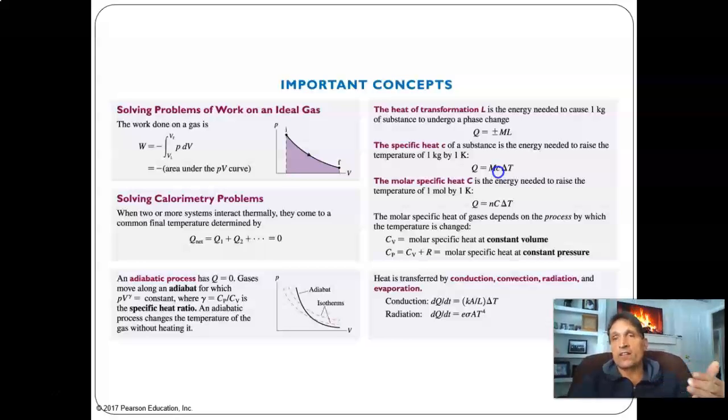And I go back again to the example with the pizza and the crust. If you take the pizza out of the oven, you're going to burn your tongue on the cheese before you burn your tongue on the crust, in part because heat is retained more by the cheese than it is by the crust. It has a higher heat capacity.